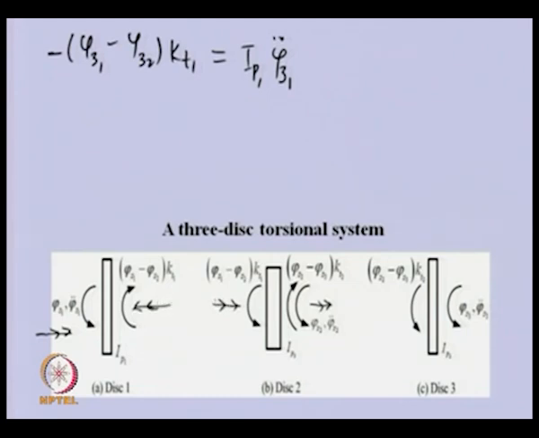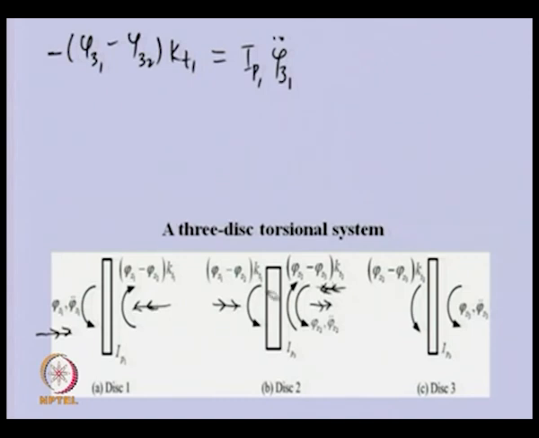And another torque from the shaft 2 is this one, in which this is phi Z2 minus phi Z3, the relative twist, into the torsional stiffness, and that is opposite to the displacement of the disc. So this particular torque direction I can show in the opposite direction to the displacement.